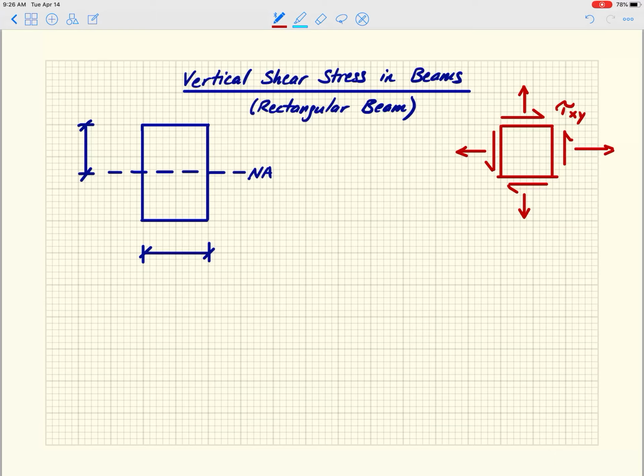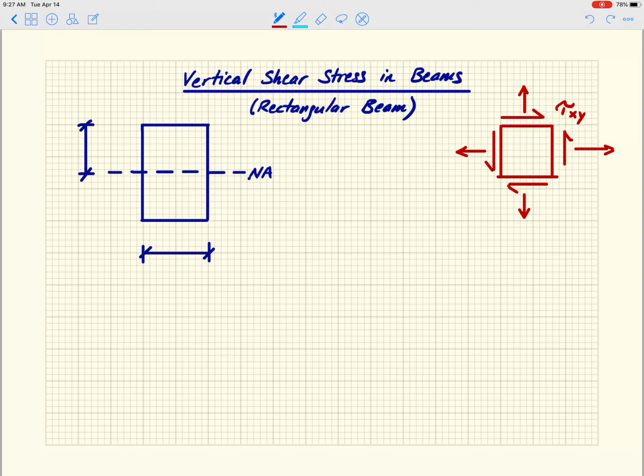And the reason we could say that is because if they weren't the same, this cube would be spinning. It would be out of equilibrium. Let's say the vertical ones are trying to spin this in the counterclockwise direction, and then the horizontal ones are trying to spin it back in the other direction. So those will always have to be balanced.